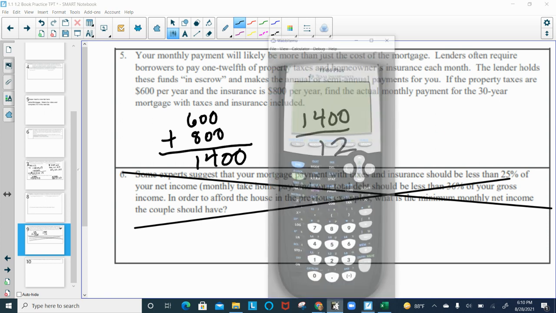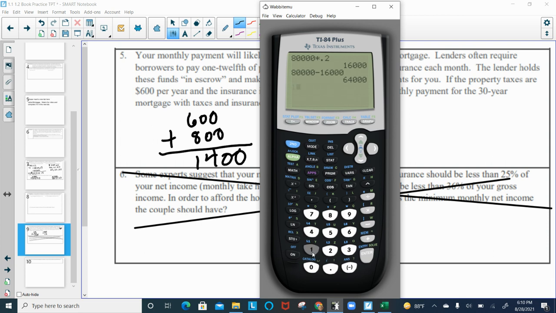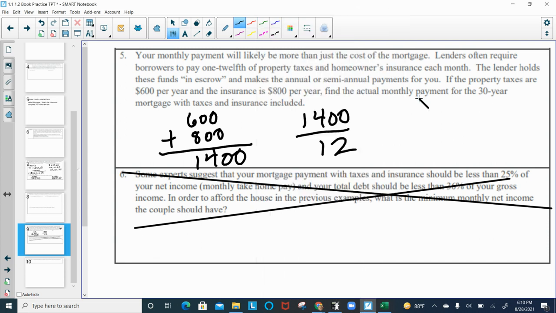Now, if you were to divide that out over the course, remember they said 1/12. So I'm just going to divide that out real quick. Anytime you do those mortgage calculators on the internet, they do not factor in the escrow payments. So it's about $116.67. Let's clear that out.